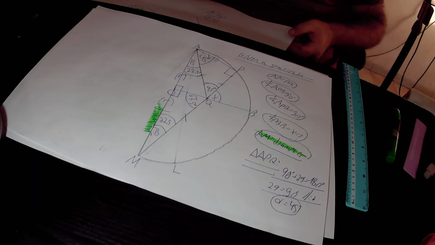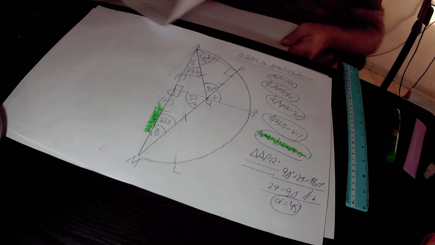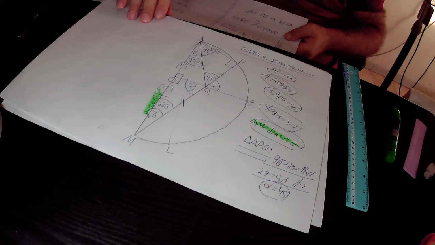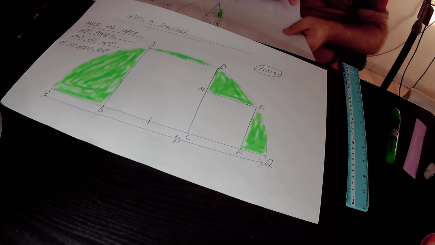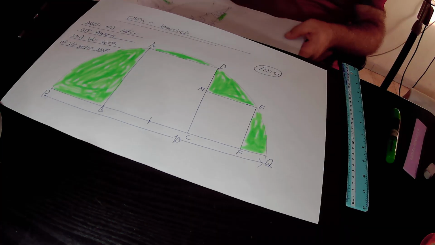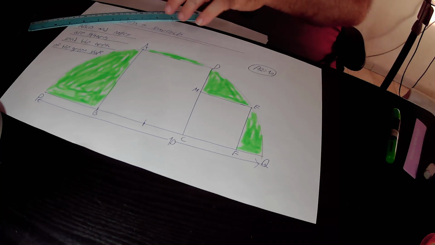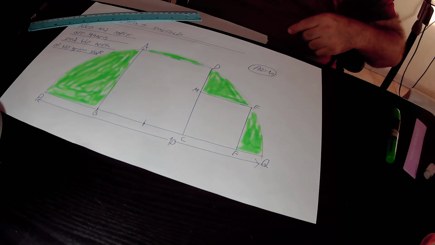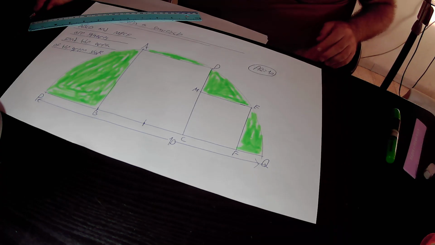In the next step, I present to you the second question, and we will solve the second question of this lecture. In the second question, our task is to find out the area of this shaded shape.